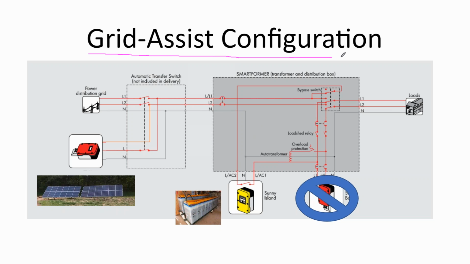At the commercial level, where a grid assist configuration is important is if you're protecting sensitive electronics from, say, power surges. Let's say, hey, if lightning strikes the grid and sends a power surge up the power line, depending on your business application, you may be protecting your system with uninterruptible power supplies, battery backups, and every time they get hit with a power surge, you may need to replace them.